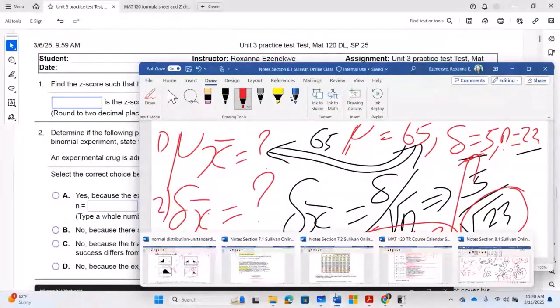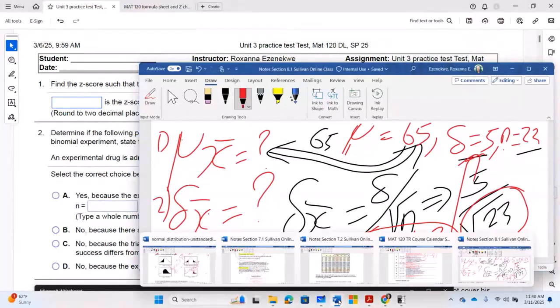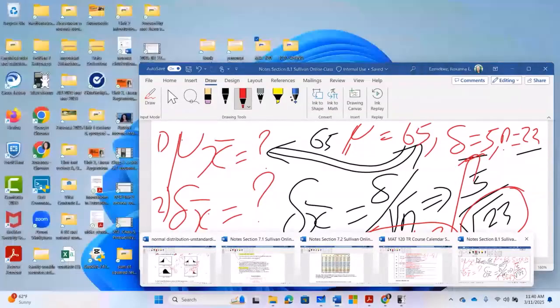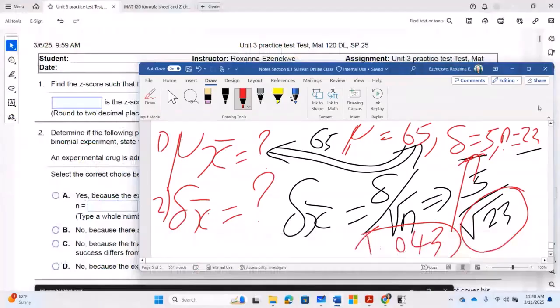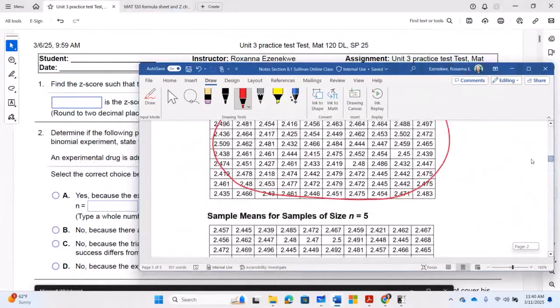Let's look at the notes for 8.1 right here. That's not what I'm looking for. Okay, so that's what I'm looking for.